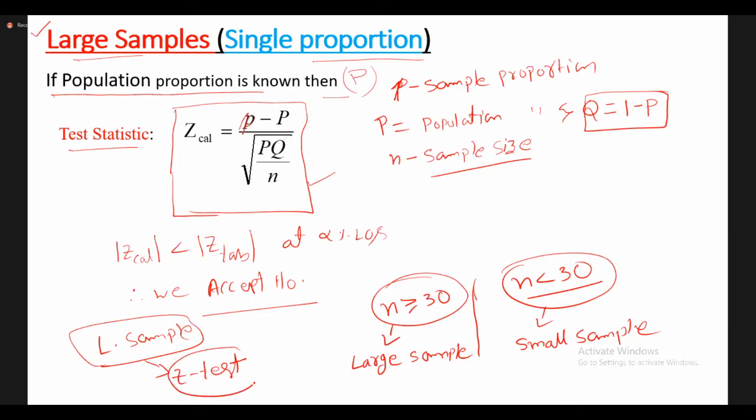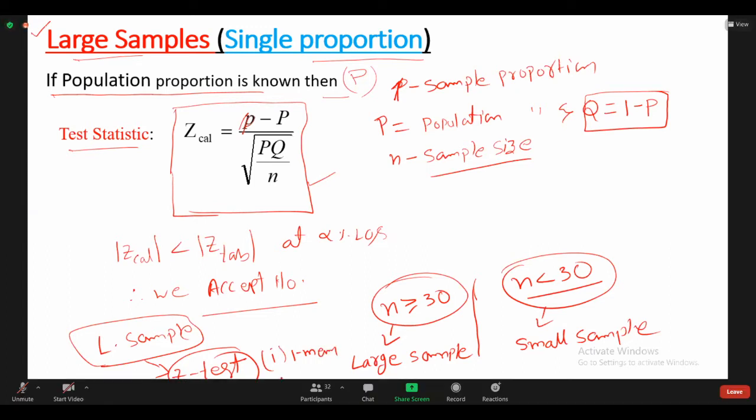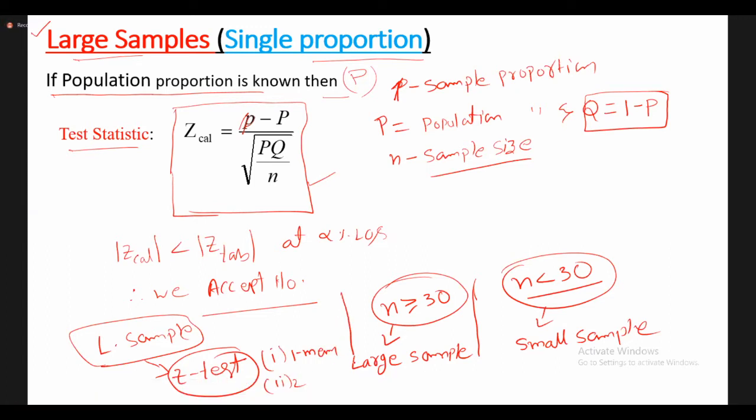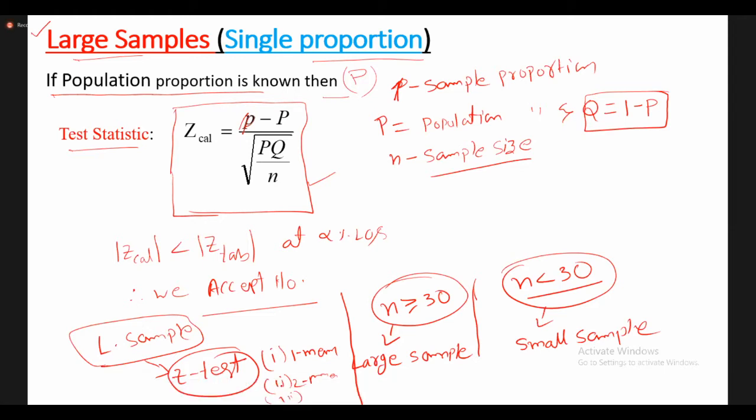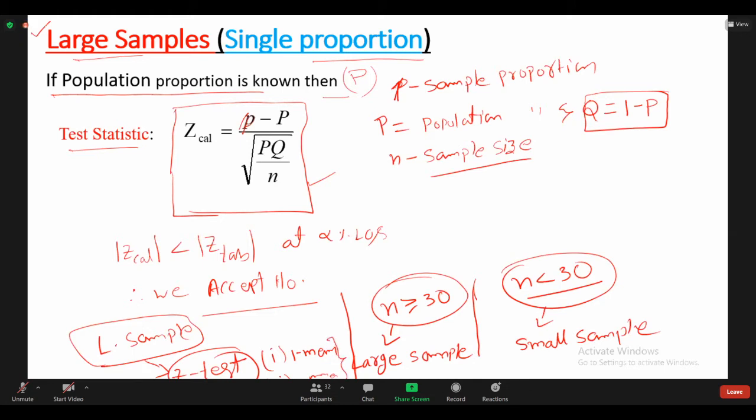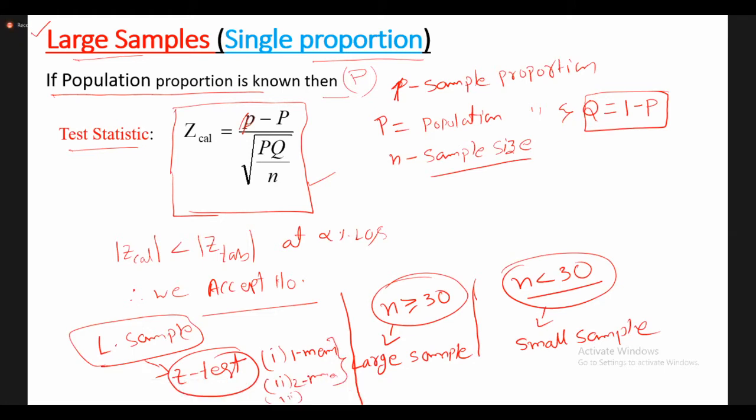In the z-test, again we have different cases. First is single mean, second is two means, third is single proportion, and the fourth is two proportions. In previous classes we covered one mean and two means. Today we are going to cover large samples, single proportion.